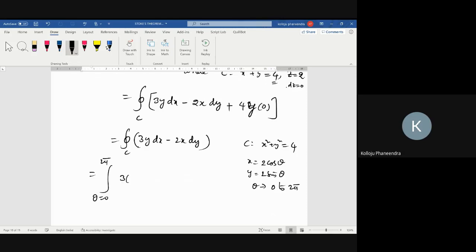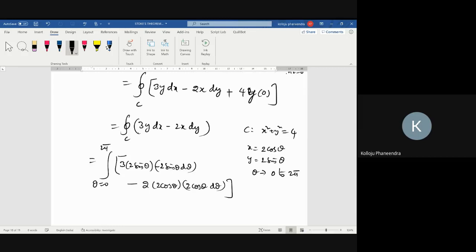3y is 3 times 2 sin theta, and dx becomes minus 2 sin theta d theta, minus 2x, which is 2 cos theta, times dy, which is 2 cos theta d theta.